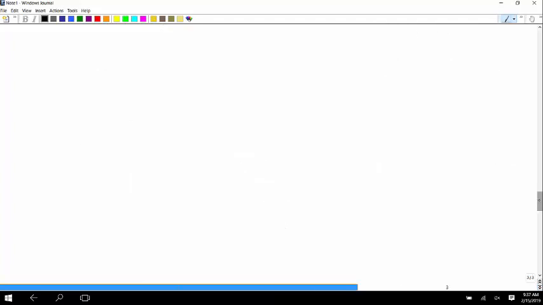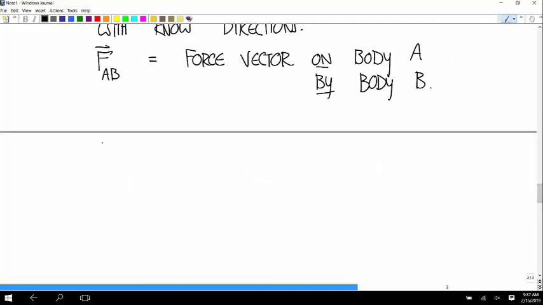If you want to be really clear about it, it just takes more time, but you could write F on A by B, or F_B on A. But if you write it just with that double subscript notation, I'm going to interpret that as the force on body A by body B.